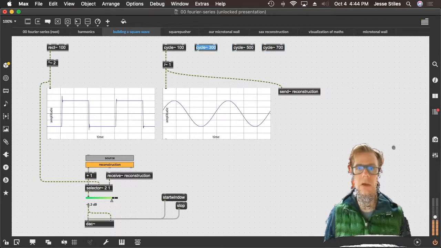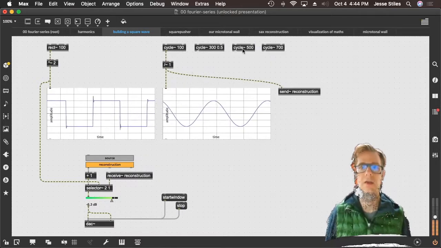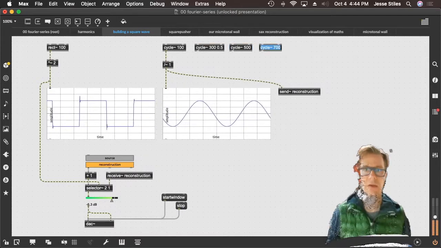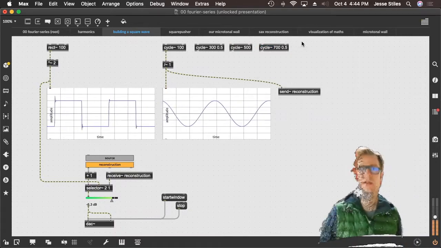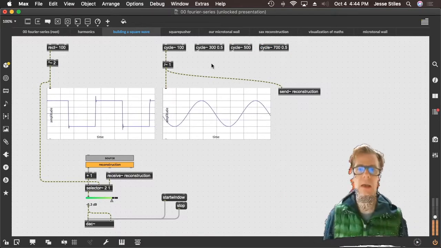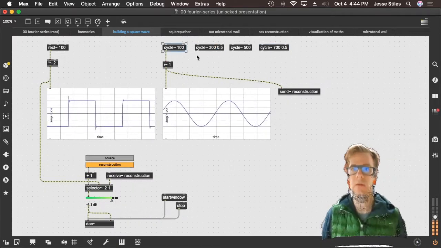I also happen to know that every other harmonic in a square wave is out of phase. So the second argument we can give to cycle~ is the phase, and it's in this range of 0 to 1. So I'm making every second harmonic out of phase with the previous one.